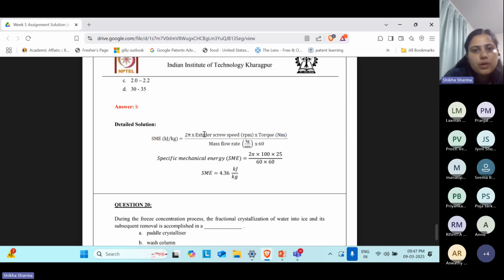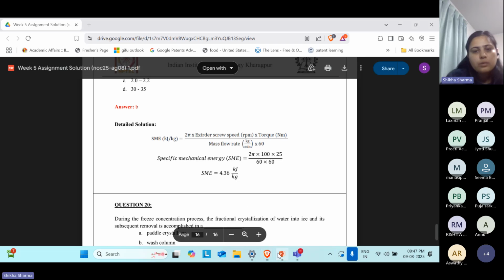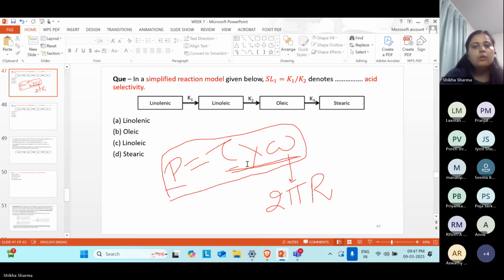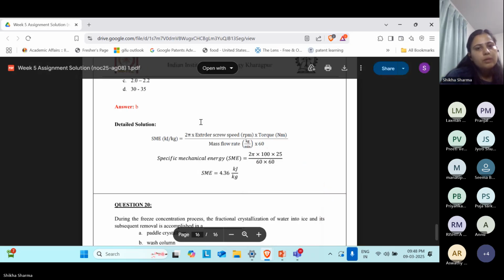In question 19, we are calculating the power. Power is P equals torque into omega, which is angular frequency of the motion, and the exact term is angular speed. Angular speed is given as 2 pi into the speed in revolutions per minute.